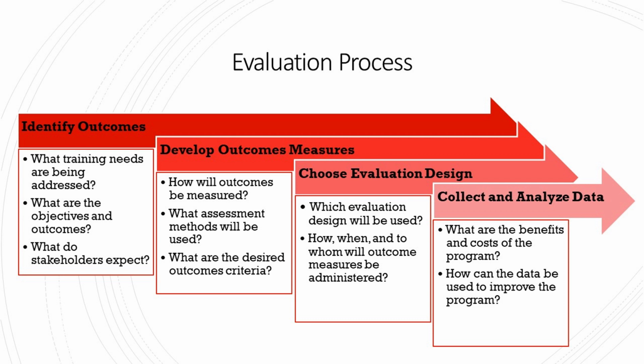Finally, we execute the design we chose, collect and analyze the data, and draw conclusions based on it. How can we use the data to make improvements or cut costs? Now that you are more familiar with the process of assessing training effectiveness, you can explore some of these components in more detail in subsequent lectures.